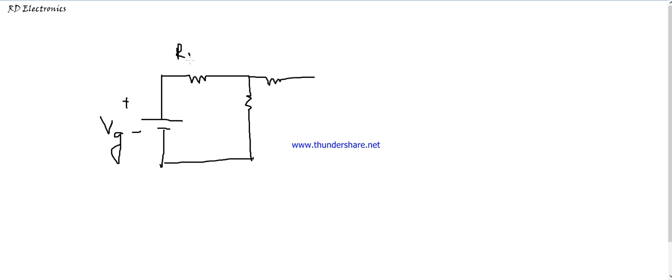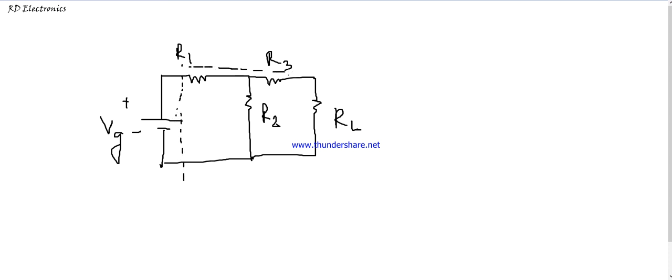This is R1, this is R2, this is R3, and this is known as load resistance, because according to two-port network we consider here the two ports, one is input and this is output. So here input is named as 1 dash, and output is named as 2 dash. These are equivalent to two-port circuit, and this is a ground.